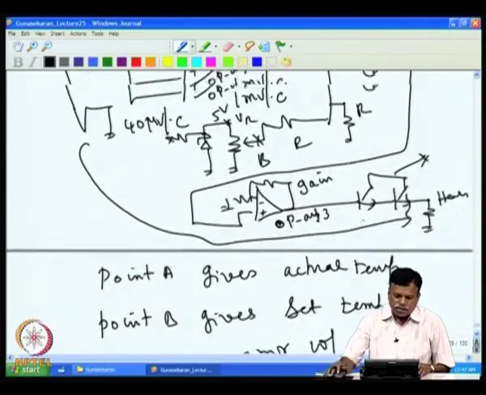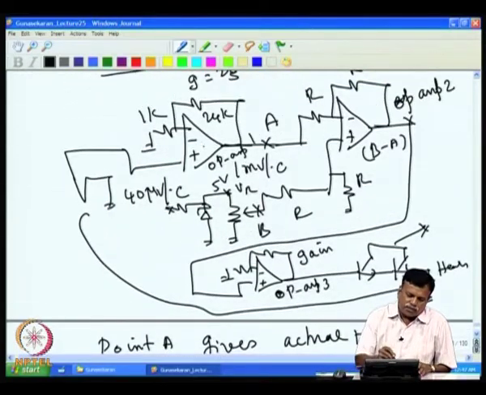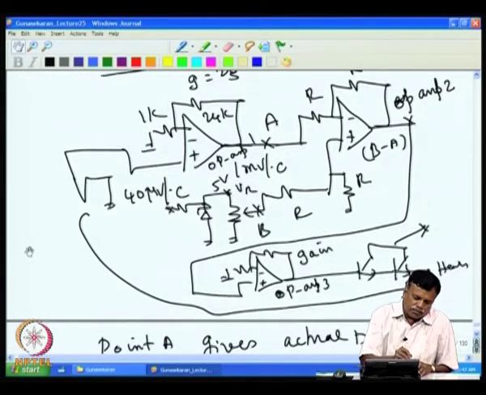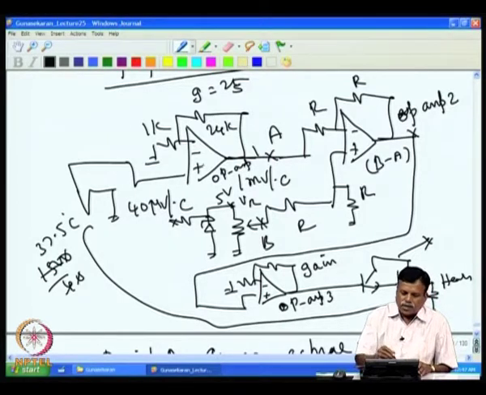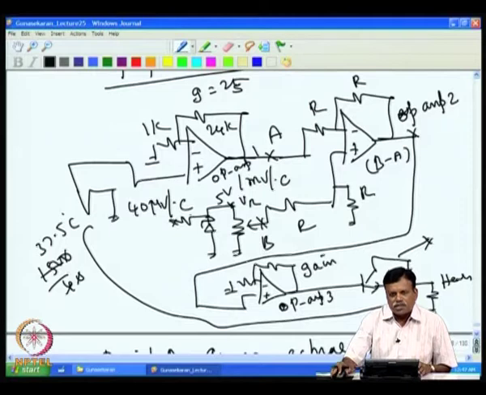For example, if I use 741 in this case, which has 15 microvolt per degree offset voltage drift, for 100 degree it will be 1.5 millivolt. 1.5 millivolt drift at the input will correspond to, if we calculate, 1500 divided by 40, that comes to 37.5 degree error.